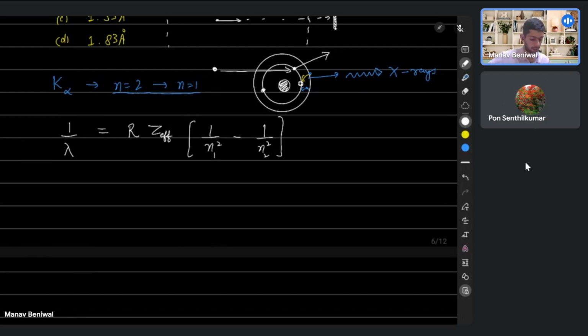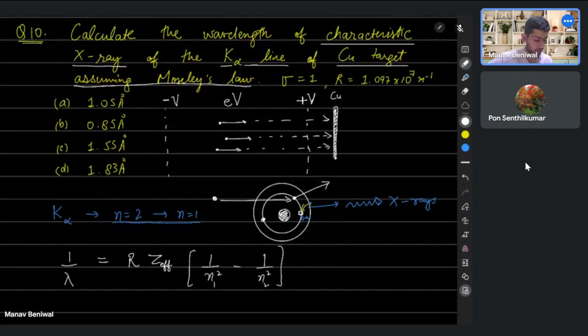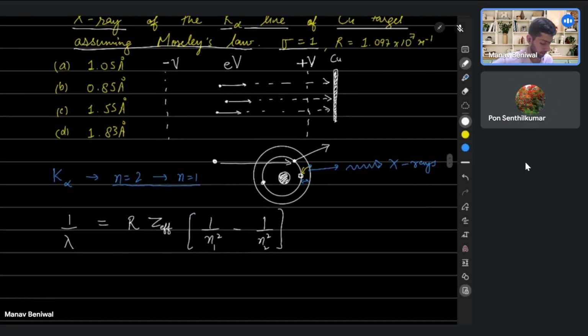Now, if you look at the question, they have asked us to assume Moseley's law and assume that sigma is 1. From Moseley's law, we can write Z effective as Z minus sigma, where sigma is the screening constant. This was discussed in earlier classes, I think in week 2, and it is given to be 1. So this will become Z minus 1.